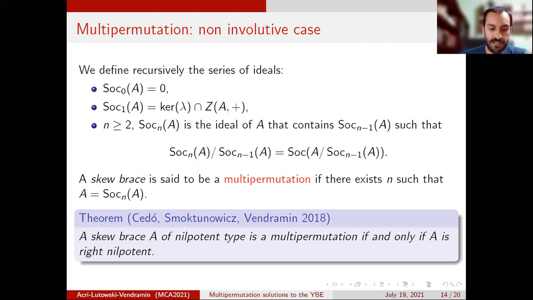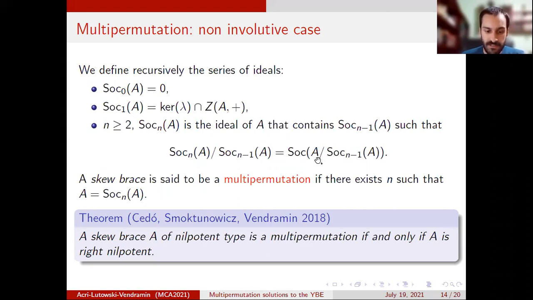And we have this sort of ascending central series. We start at 0, and the next ideal is the intersection between the kernel of the lambda map and the center of the additive group. This is the so-called socle of the skew brace. For the next ideals, since soc n-1 is an ideal of A, the quotient is defined.